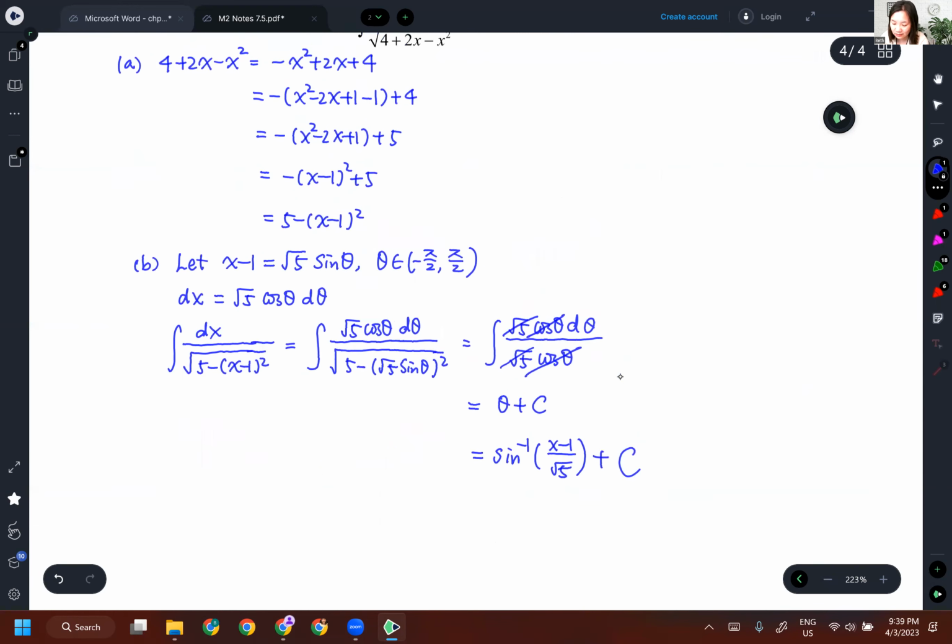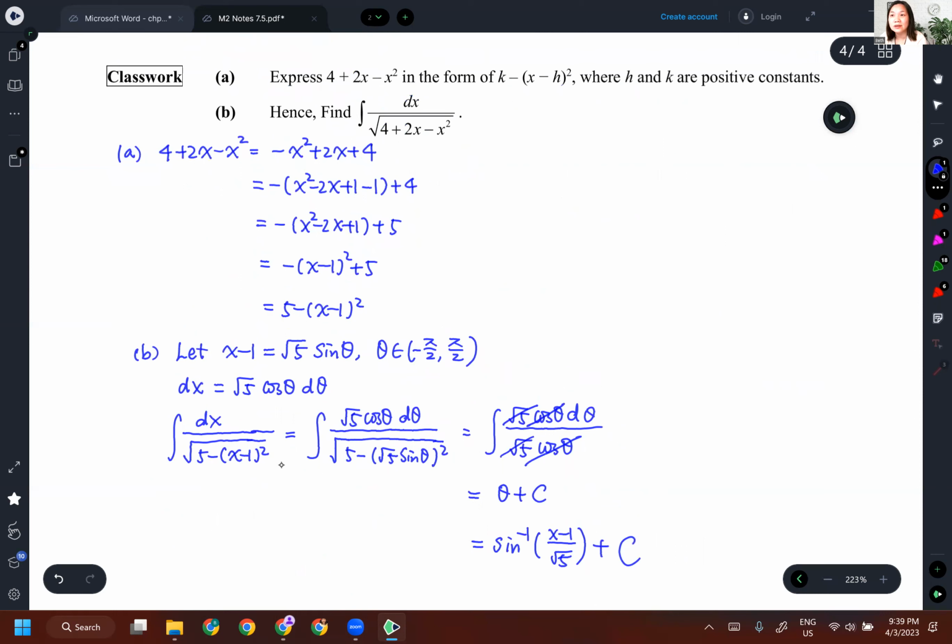This one is something minus something squared. In this case, I should use this substitution. That is, this value equals √5 sine theta, and theta is between -90 and 90. These two endpoints are not included this time because of the denominator.